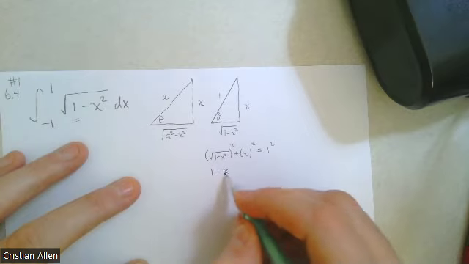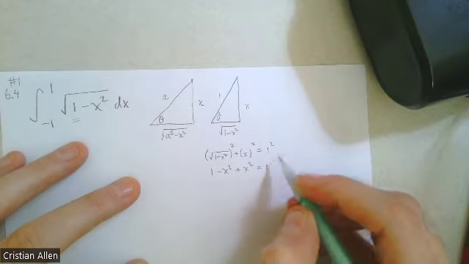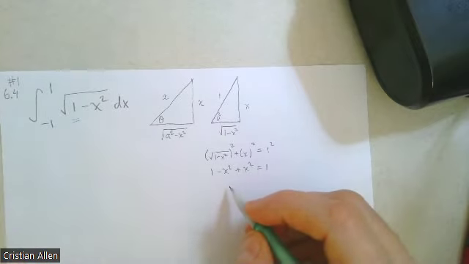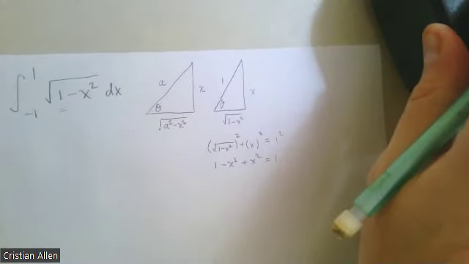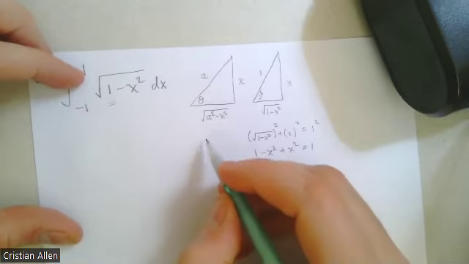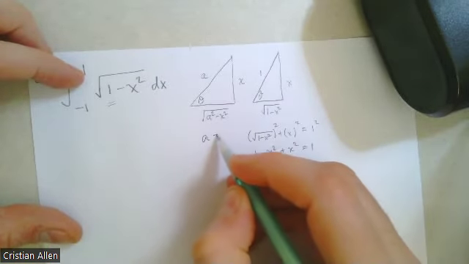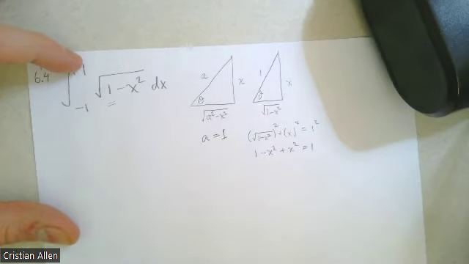We would get 1 minus x squared plus x squared. And I think you can see that this ratio works out. Okay, so yeah, we identify our A as 1.